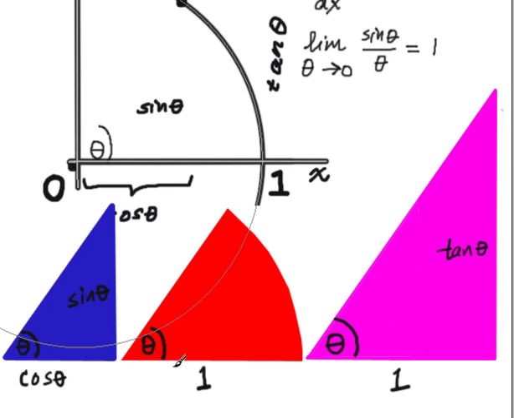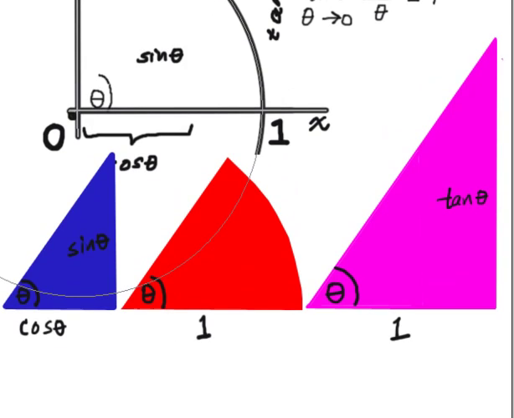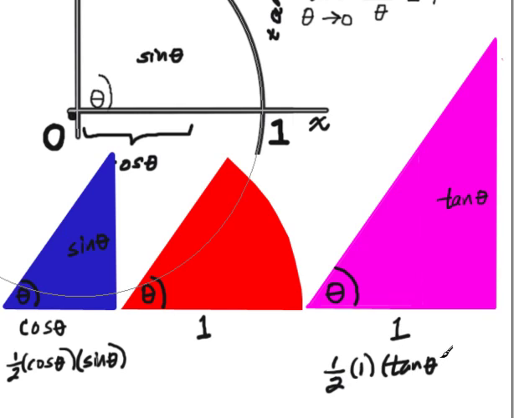Now that we did all our labeling, we can calculate some areas. Remember, the formula for the area of a triangle is 1/2 base times height. So for the blue, we have 1/2 the base cosine theta and the height sine theta. And then the purple triangle: that would be 1/2 times 1 for the base and tangent theta for the height.